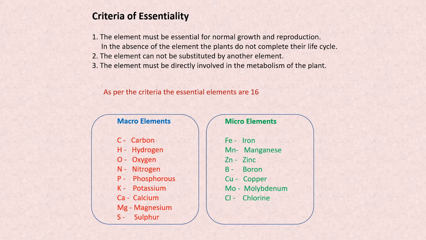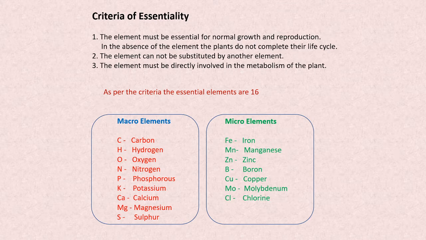They are again classified into macro elements and micro elements based on their requirements. If the requirement is 1000 micrograms or above per gram of the dry weight, they are called macro elements.